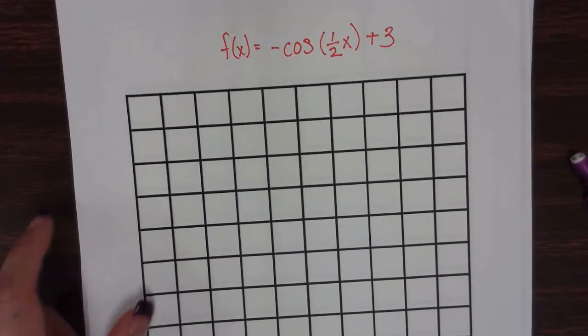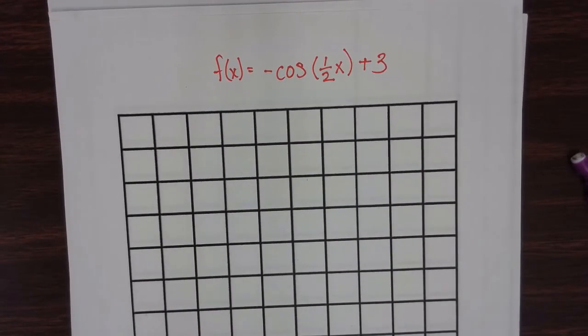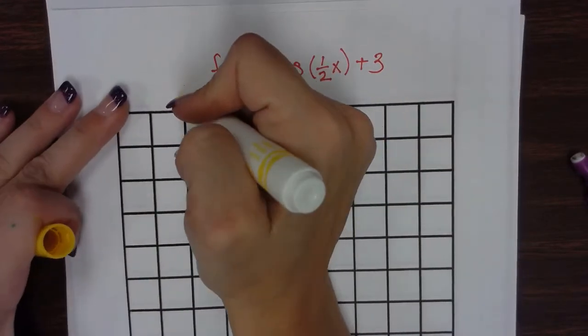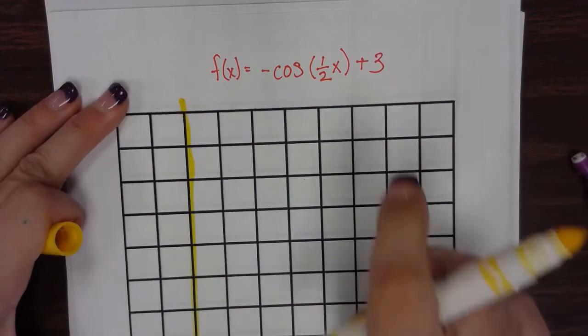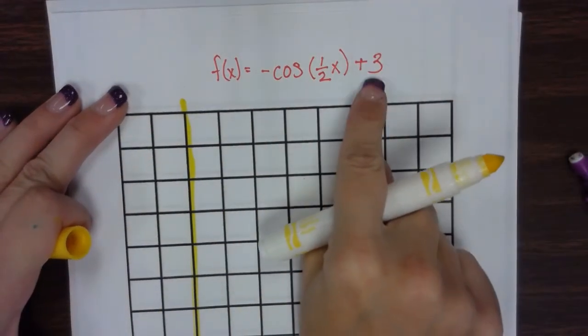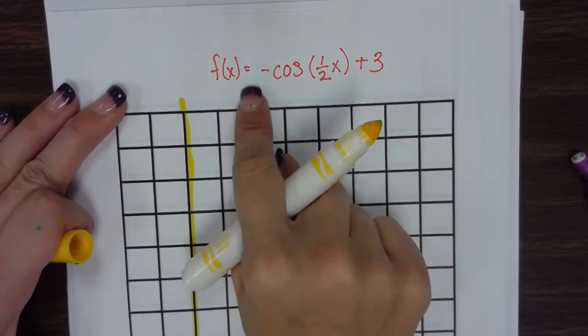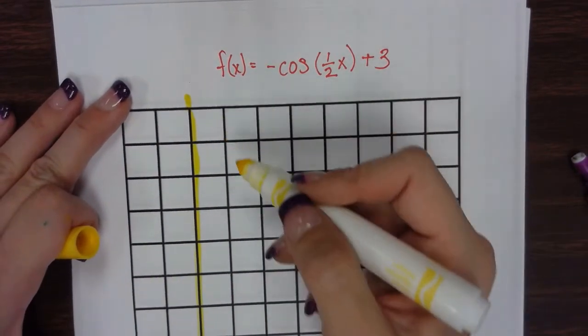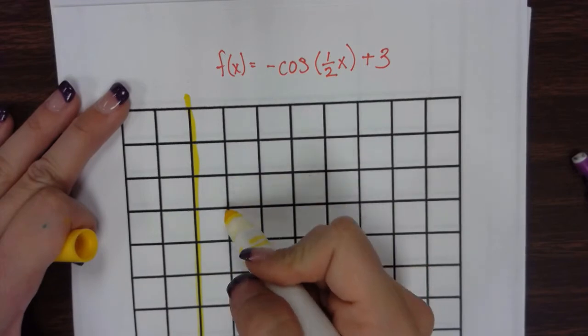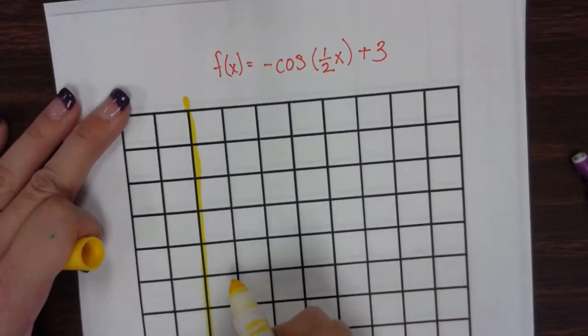Okay, so let me do our x and y axis. So this is my y. See, I'm starting above at 3 and going up 1 from it, so probably 4. So let's do 1, 2, 3, 4.